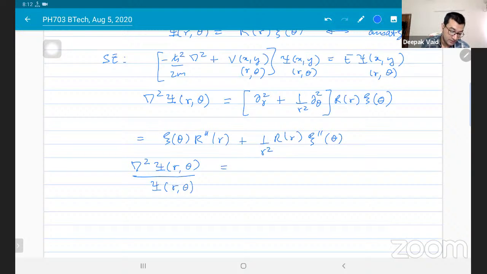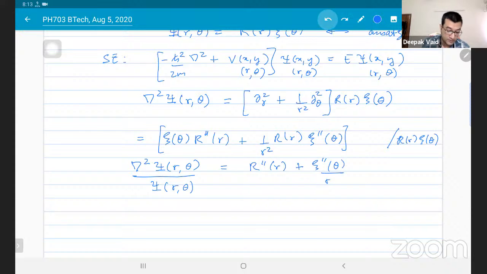When you divide this whole thing by R times Theta, in the first term the Theta function will cancel out. You will be left with R double prime by R. In the second term, the R factor will cancel out. You will be left with Theta double prime by Theta, divided by r squared.